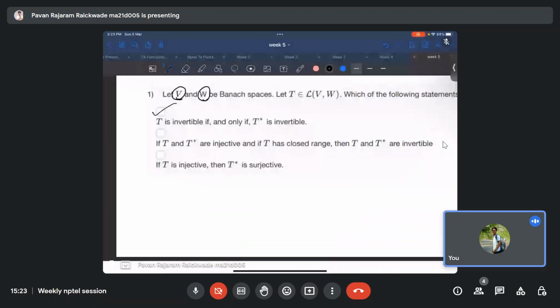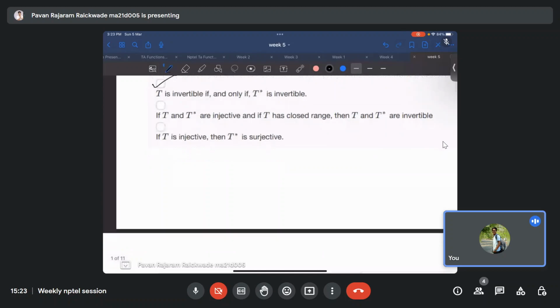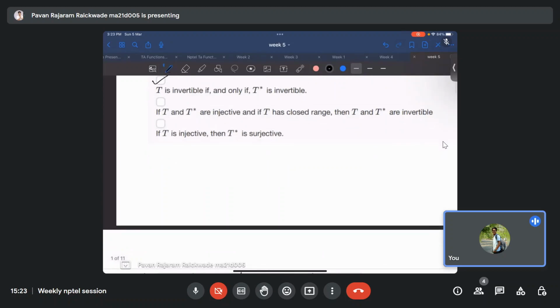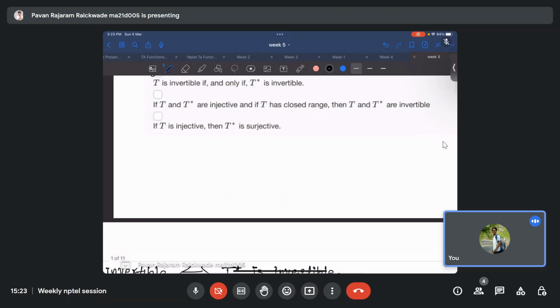So now we go with the second option, which says T and T star are injective and T has closed range, and T and T star are both invertible.